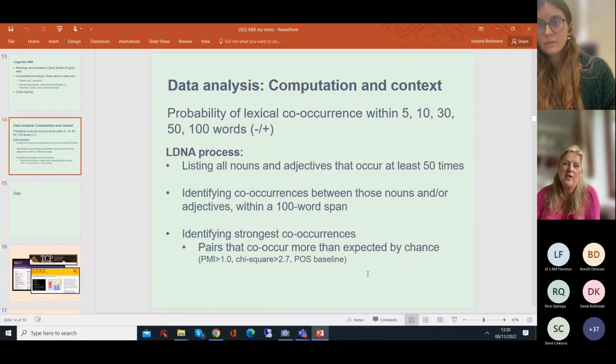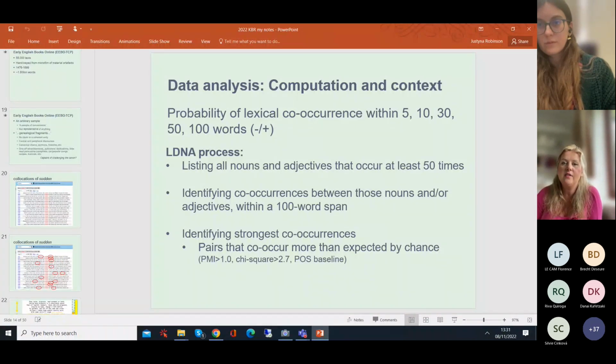So we won't be looking for pairs like cat and dog, because those are expected by chance. We're looking at those pairs that are less expected by chance. And we looked at different window sizes to see what kind of conceptual information is presented in different window sizes.